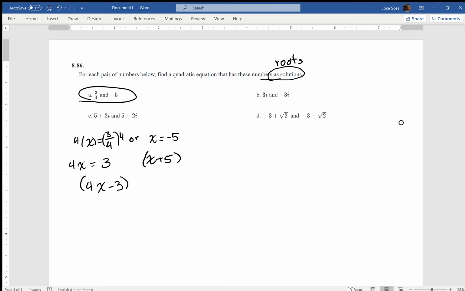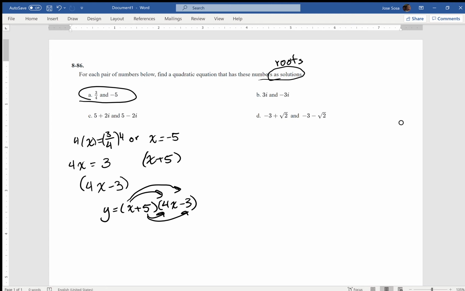So an equation for this quadratic could be y equals x plus 5 times 4x minus 3. Okay? And of course I can multiply these out if I wanted to, doing the FOIL method, or I could use generic rectangle, whatever I want to use.